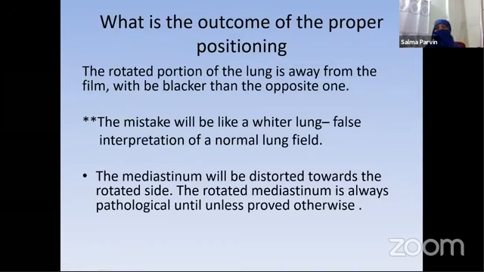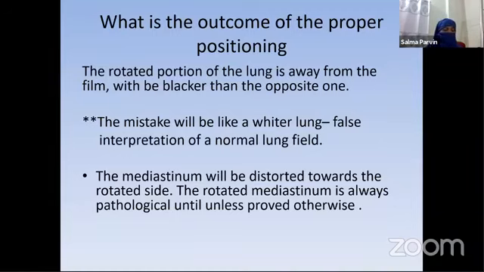So if the patient has got a leftward rotation, the left lung field will have a blacker impression than the right one, and the mediastinum, usually 2/3 to the left of the midline, will be more to the left whenever the patient is rotated.